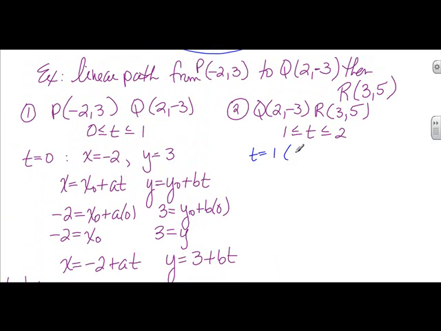So an x value of 2 and a t value of 1 gives me 2 equal x sub 0 plus a. Thinking about the y equation, a y value of negative 3 equals y sub 0 plus 1 times b.